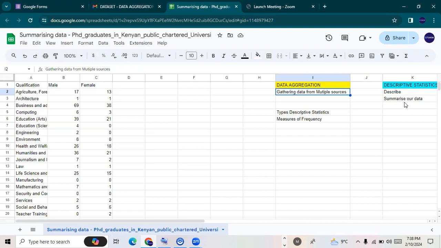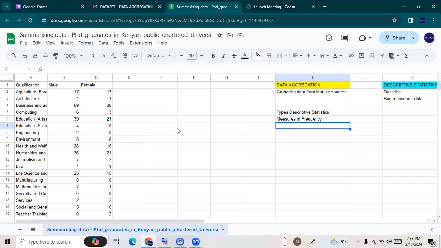So to combine their explanations of data aggregation and descriptive statistics, before we can gather data from any source, we should have three things in mind.